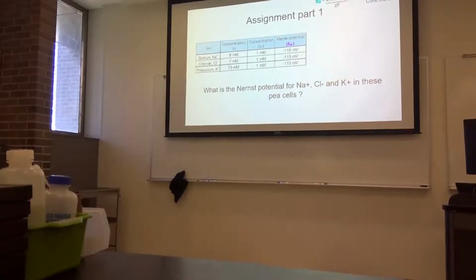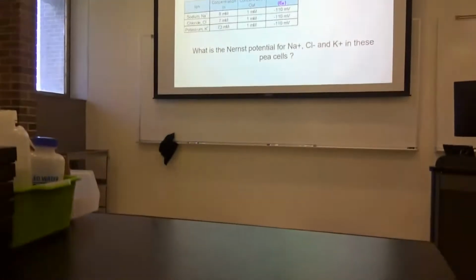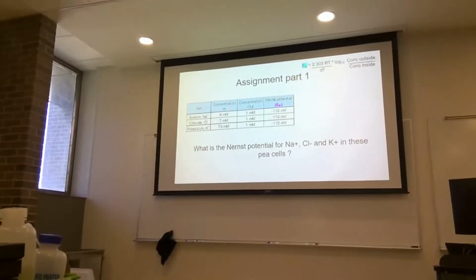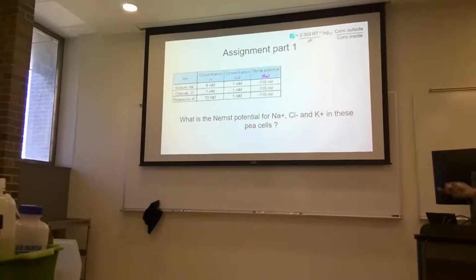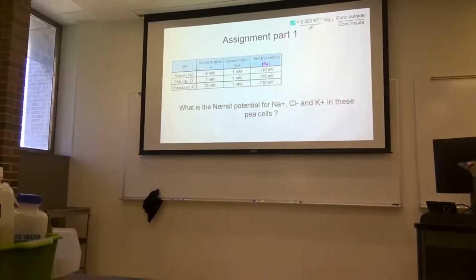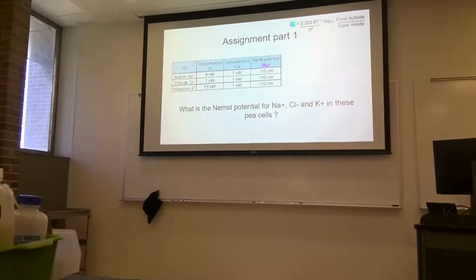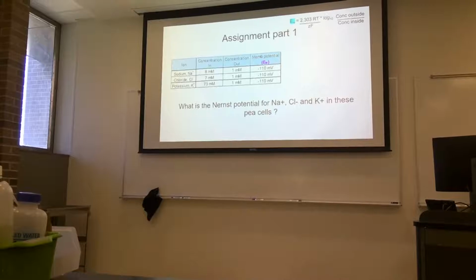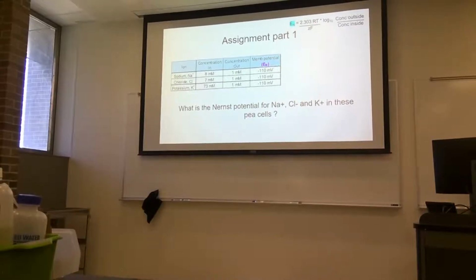So the first thing is, this is what you did. Again, assume you calculated or determined the concentration inside of the cell versus outside of the cell. Here we're calculating the Nernst potential for an ion. So what is the Nernst potential for sodium, chloride, and potassium?